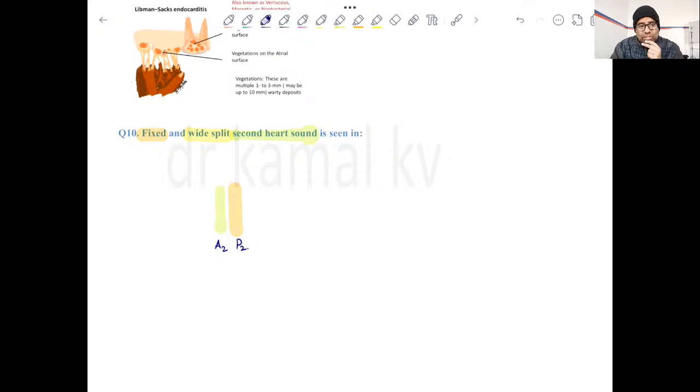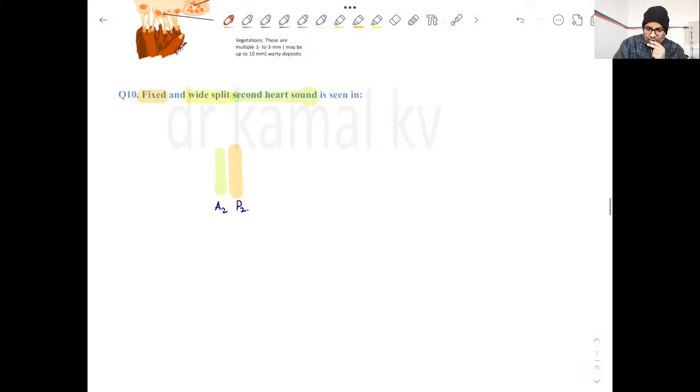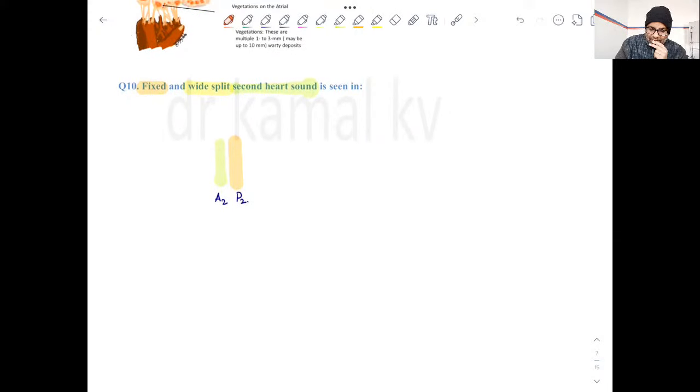And unlike the first heart sound, the two components don't coincide, right? So there is a gap between the two components. Clear? There is a gap, and suppose this is in expiration phase. I am talking normally.